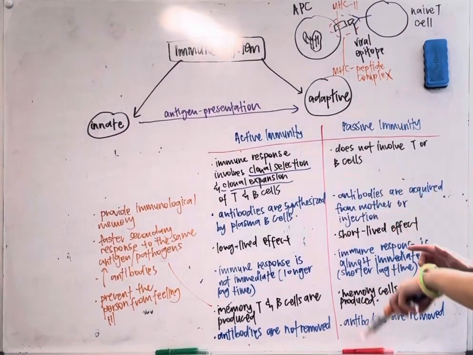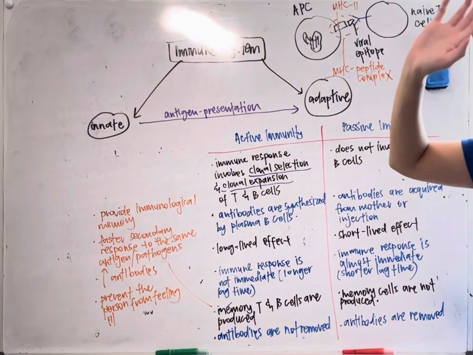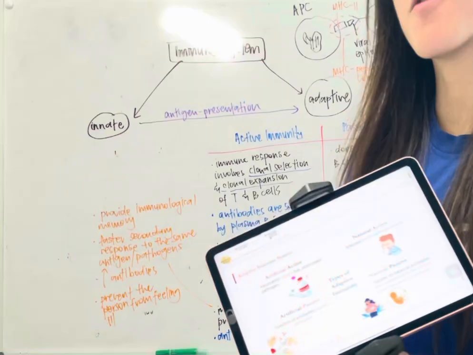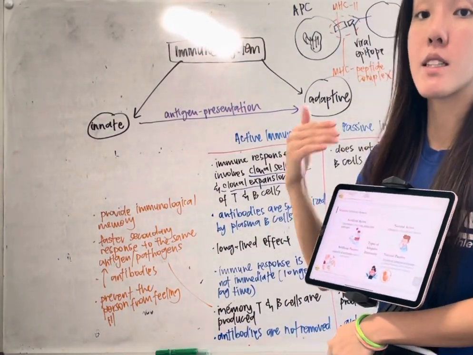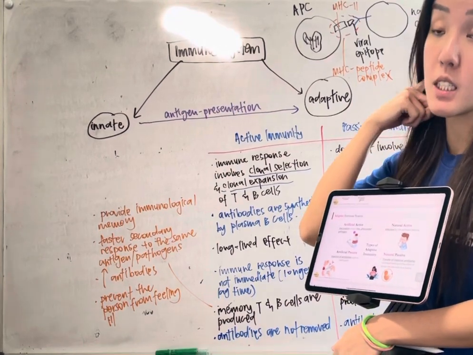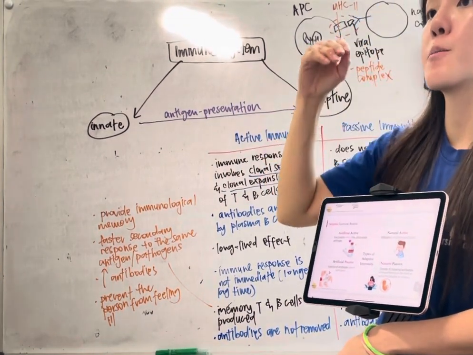Okay? So remember, as long as you see active, I repeat, active always involves the body's ability to make these antibodies. Passive is again these antibodies come from an external source.